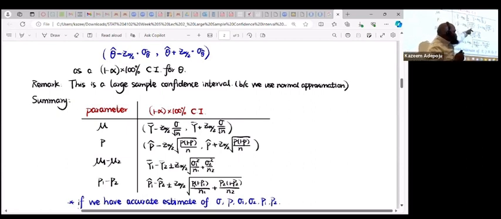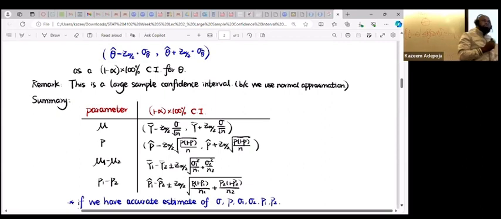If you take a look at proportion, you remember when y follows a Bernoulli distribution, what is the variance? P into 1 minus P. What is the variance of P cap? P cap is going to be y bar. The variance of P cap is going to be P into 1 minus P divided by n. What is the standard deviation? That's why you have a square root.